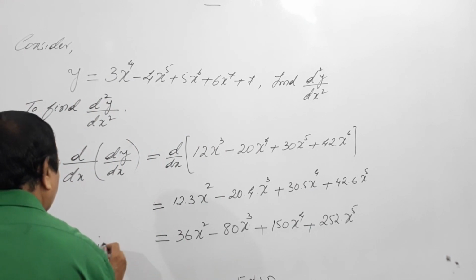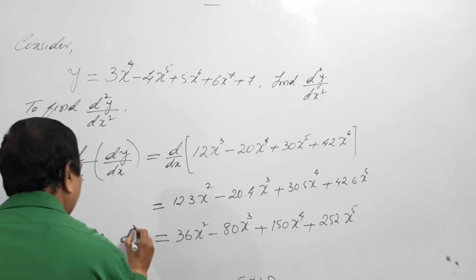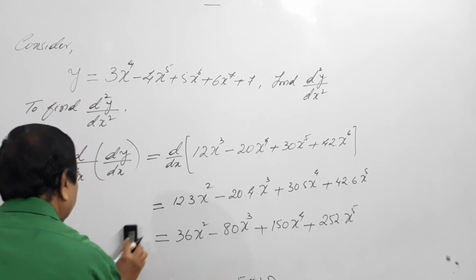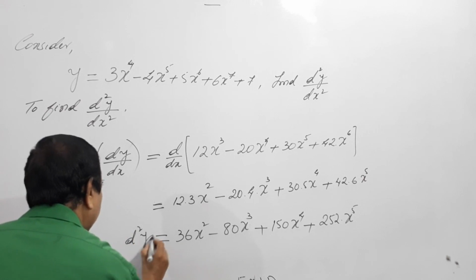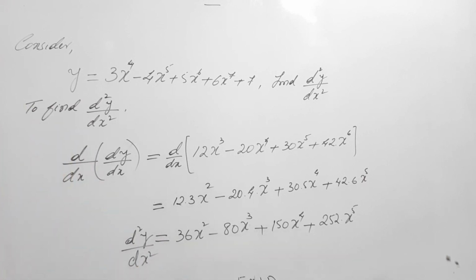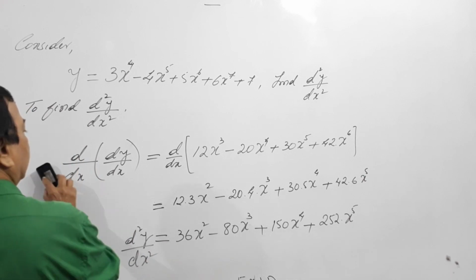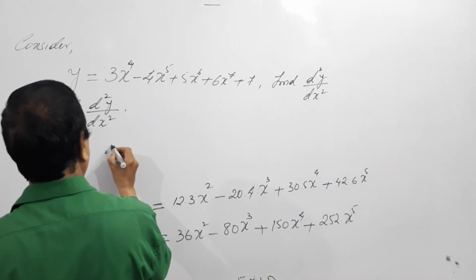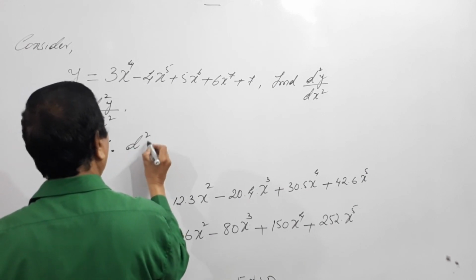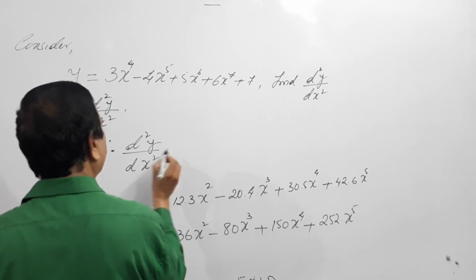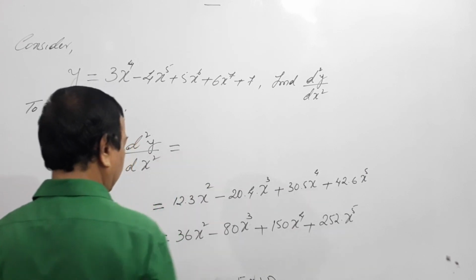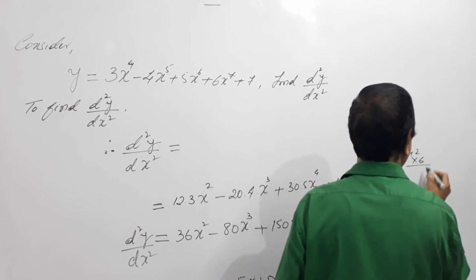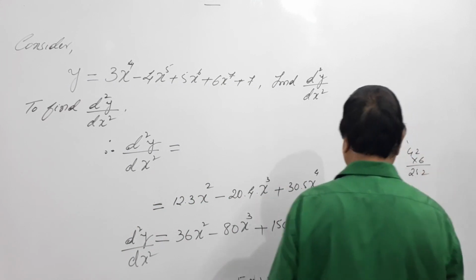Therefore, instead of writing this, I can straight away write d square y by dx square equals to this answer. Let me cross check this, 42 into 6, 6 2s are 12, carry one, 6 4s are 24, plus 1, 25, so 252, right.